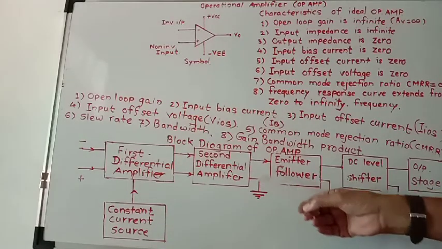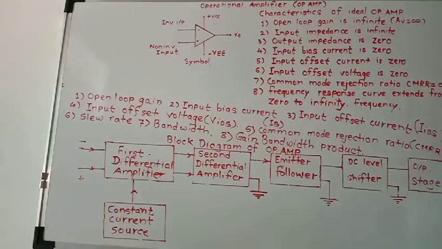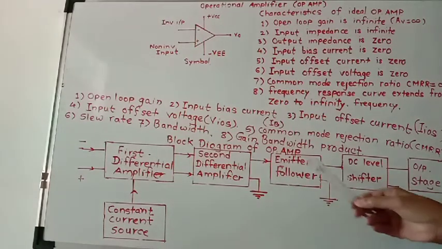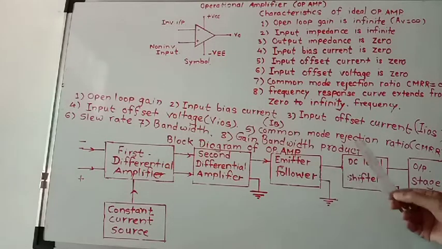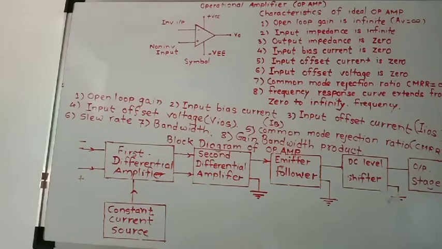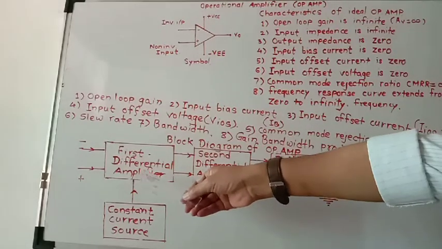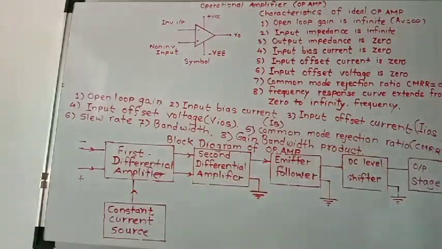The output of the second differential amplifier is given to the emitter follower, then to the DC level shifter, and then to the output stage. The first differential amplifier has a constant current source.